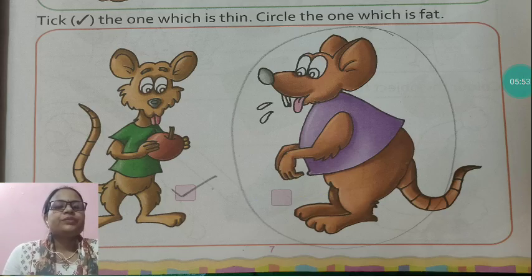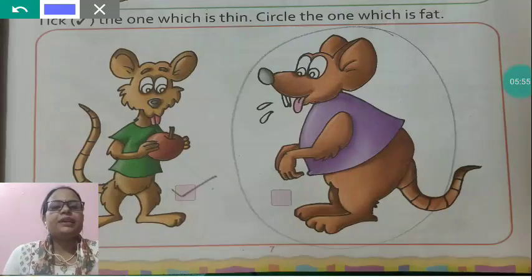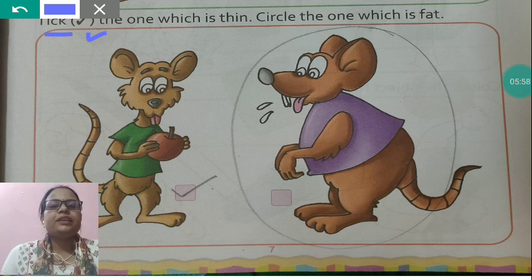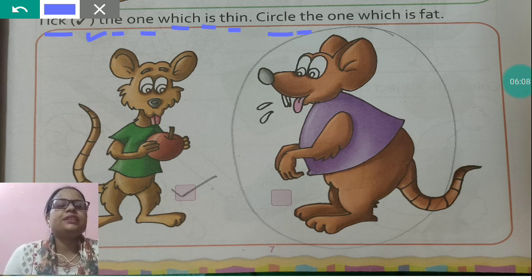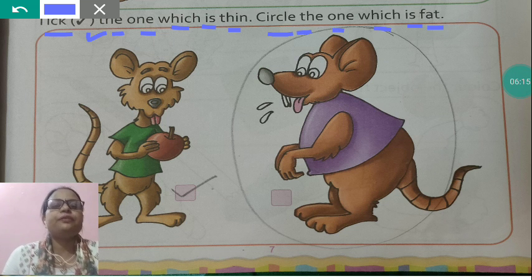This is fat, this is thin. Now you can see here TICK, tick, THE, the, ONE, one, WHICH, which, IS is THIN, thin. CIRCLE, circle, THE, the, ONE, one, WHICH, which, IS is FAT, fat.